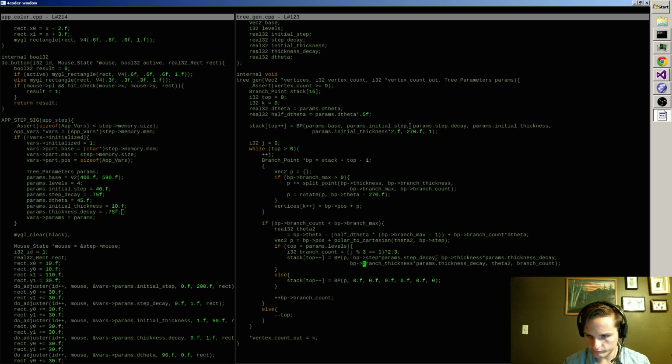But I should make, I'll do that next time because we're running low. I want to do cool stuff before we run out of time. And then do this is the step decay from the stack. And then do that times that is the new decay.